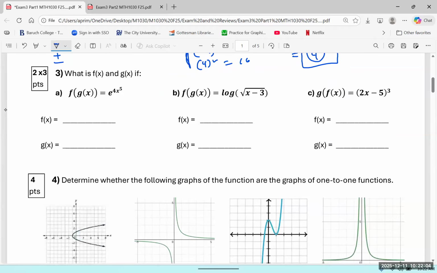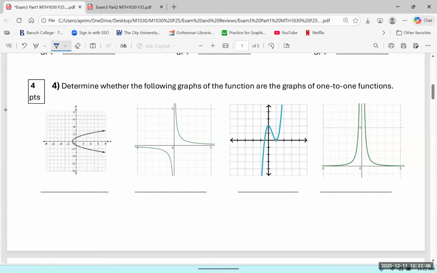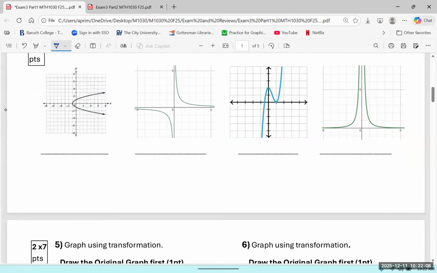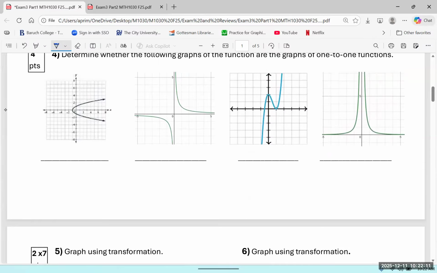The composition, decomposition usually don't come. This is too easy, it doesn't come. But one thing I want to go over is that many people draw horizontal line and said, yes, this is a function, one-to-one function. But remember, I said clearly during the review, when you are looking for a one-to-one function, you have to do two tests.